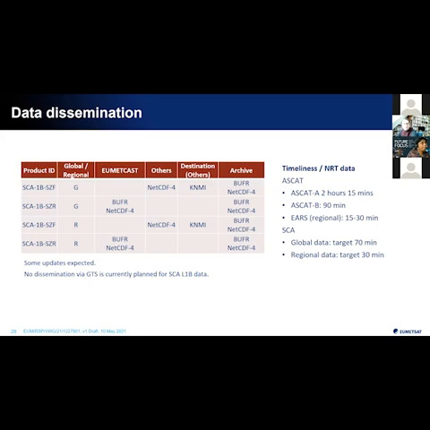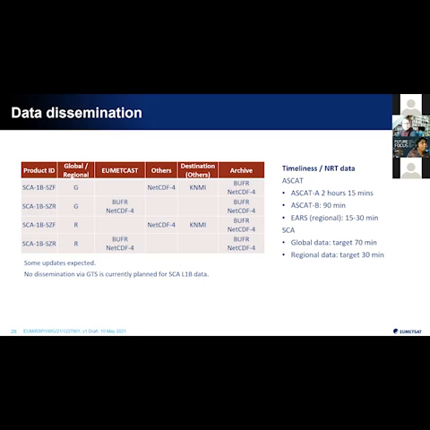Data dissemination and timeliness, that was the other question. So we have both a global and a regional data stream. At the moment, the plan is to disseminate the gridded product via EUMETCAST in BUFR and NetCDF format. We are expecting some updates on that, so discussions are ongoing.